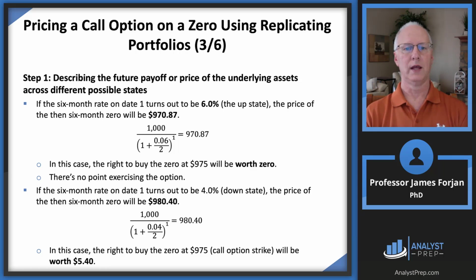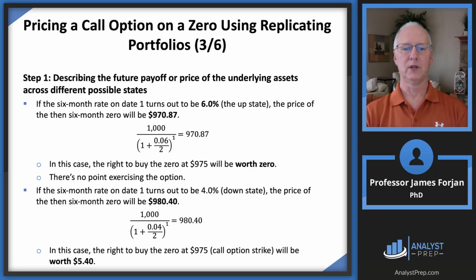All right, let's go ahead and describe the future payoffs. If the 6-month rate on date 1 turns out to be 6%, the upstate, the price of the 6-month zero will be, and there's the calculation there, right? We're going to discount that $1,000 at 1.03, half of 6%. There's our semi-annual compounding. It's going to be worth $970.87.